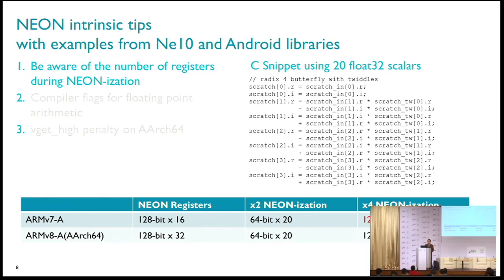Ne10 has support for ARMv7, and not all chips on ARMv7 have Neon. So we have to provide some C code that does not use Neon at all, and so we have this snippet.